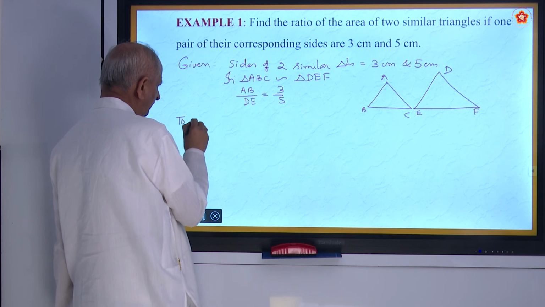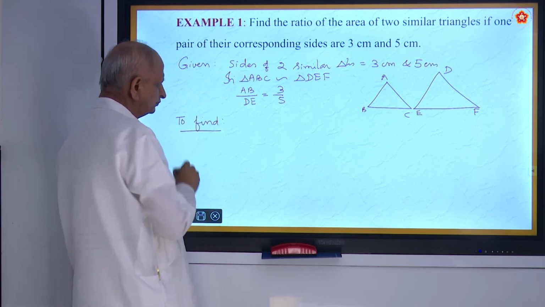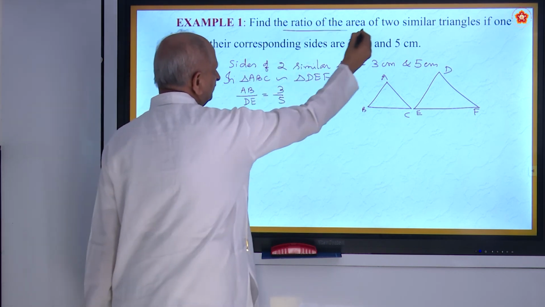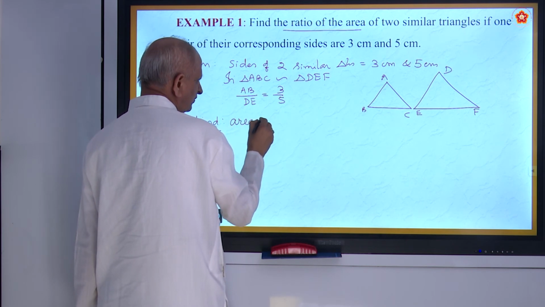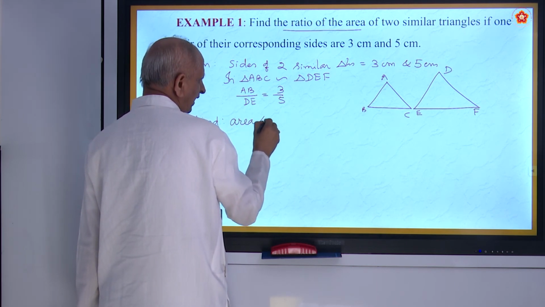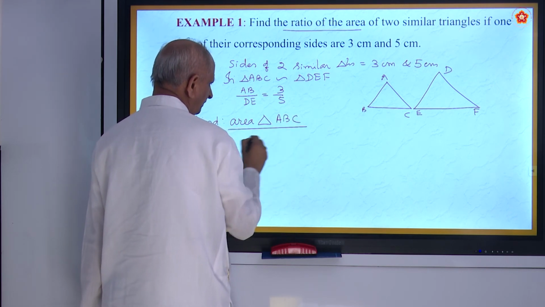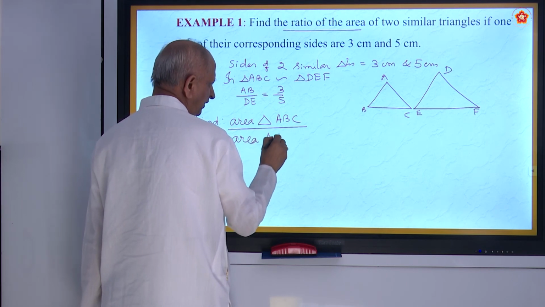So, to find, what do you have to find? Find the ratio of the area. So, area of triangle ABC by area of triangle DEF.